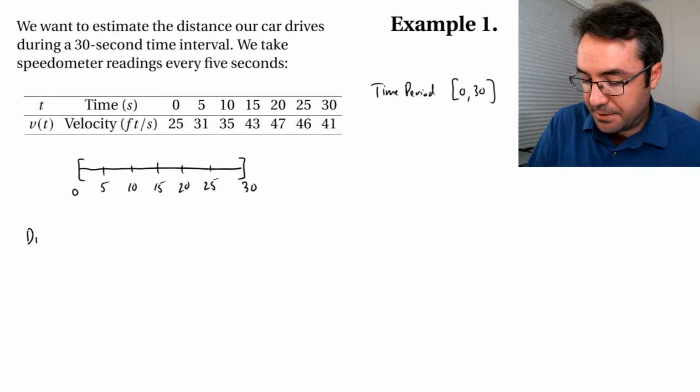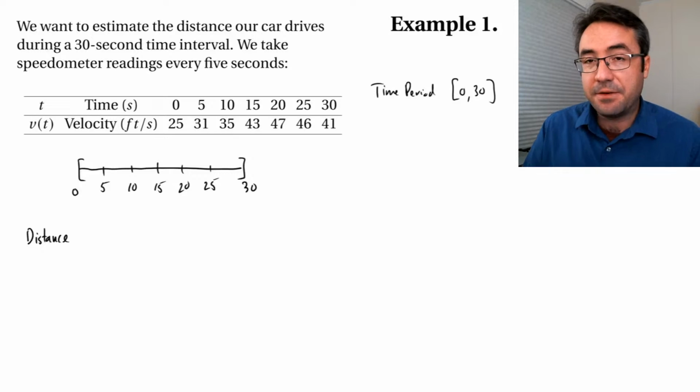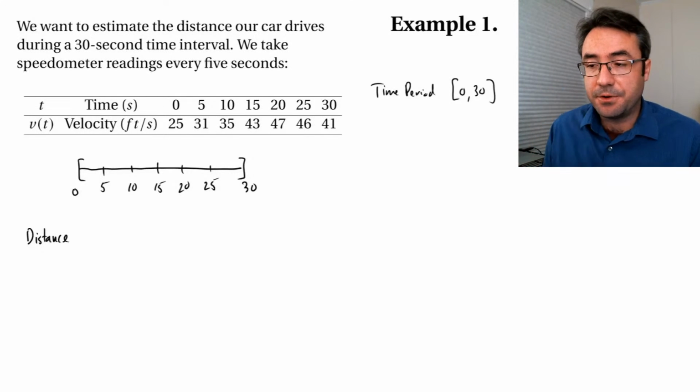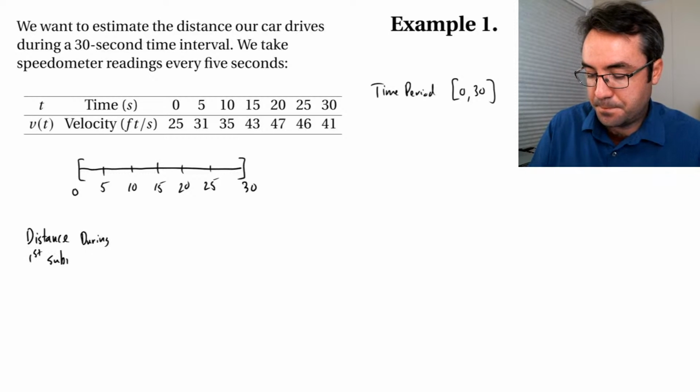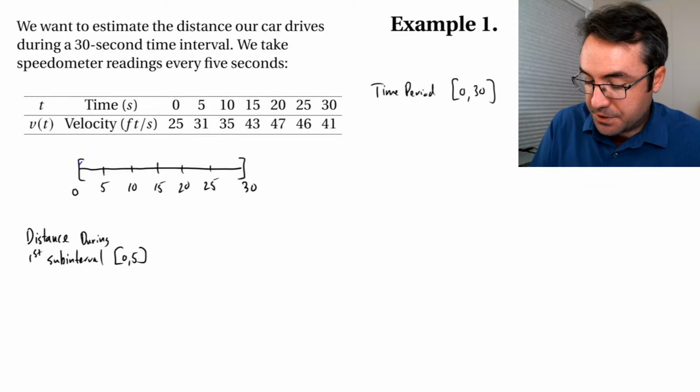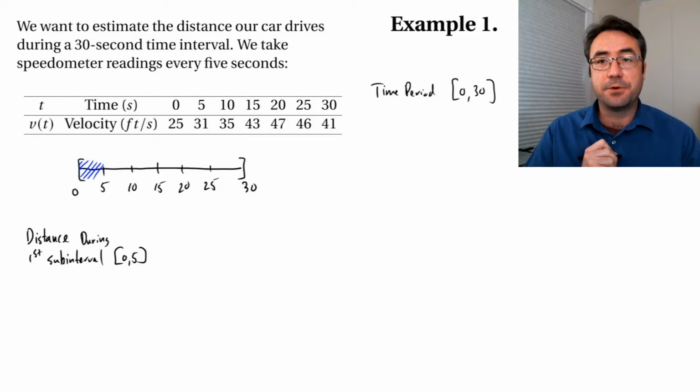So let's calculate the distance traveled on that first subinterval, which is from 0 to 5. So we're looking at this first subinterval here from 0 to 5.